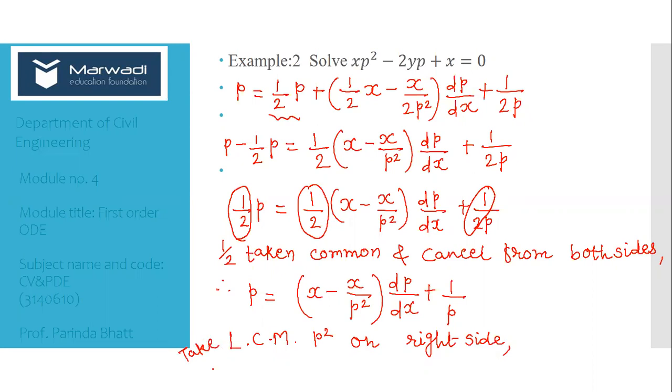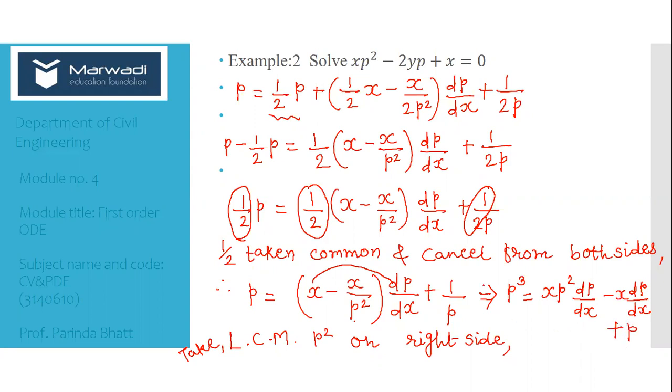I am writing over here, then you can understand better. p into p square, p cube, equal to, here p square is present, therefore x p square dp by dx, and here only minus x dp by dx, and plus p.